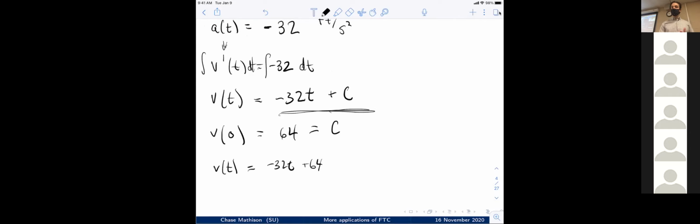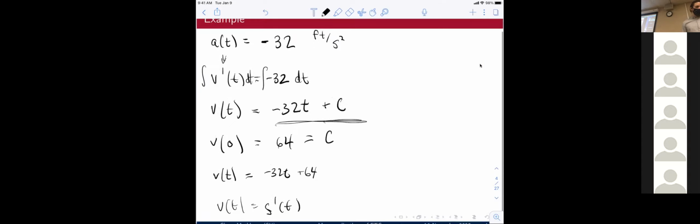I could go through and do the work to find the position function. In theory, I don't know my initial position, right? But you are right, that is related to position. How is velocity related to position? Exactly. V of t is equal to S prime of t, right?